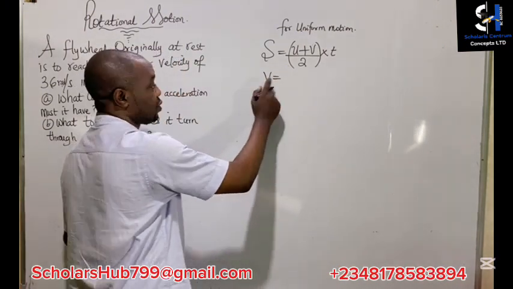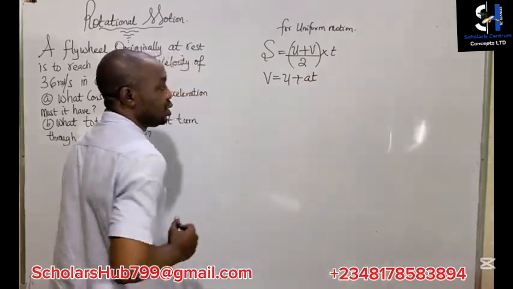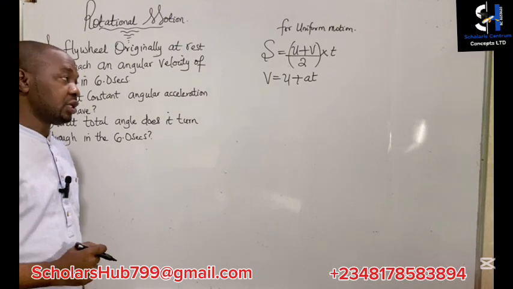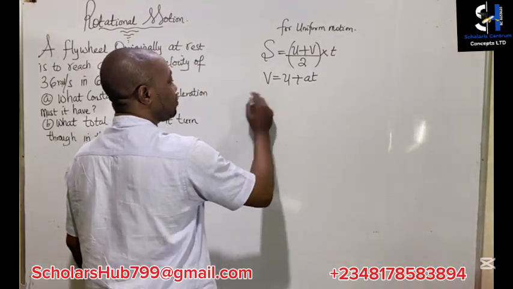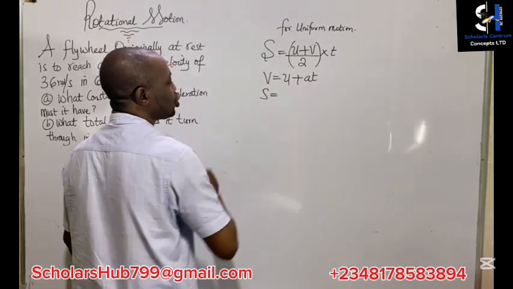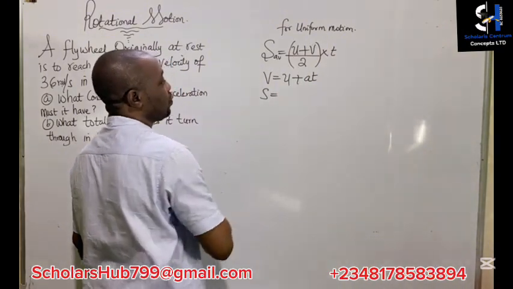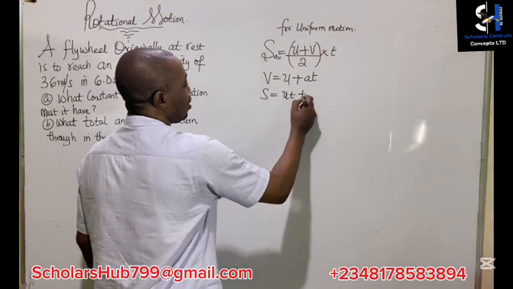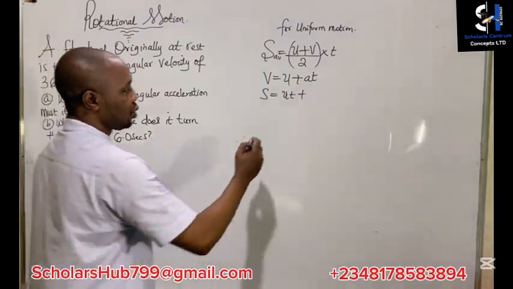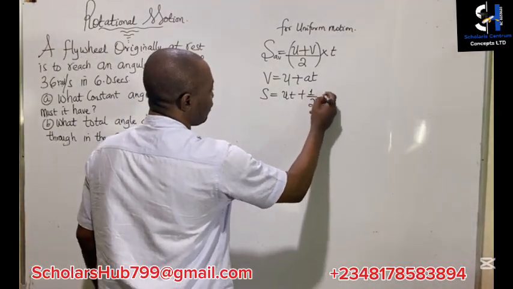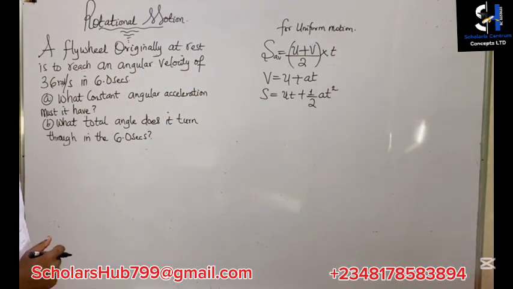Then we also have the equation for velocity. The final velocity equals the initial velocity plus the product of linear acceleration and time. That's another equation of motion. Then we have the equation for the distance traveled: ut, the product of the initial velocity and time, plus 1/2 of acceleration multiplied by the square of t.